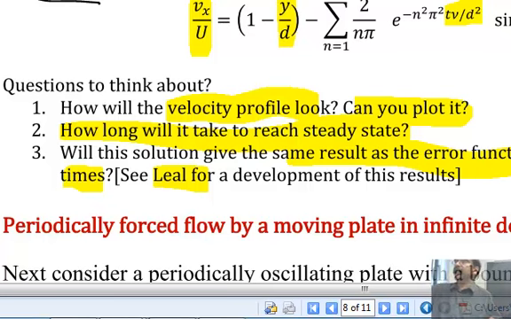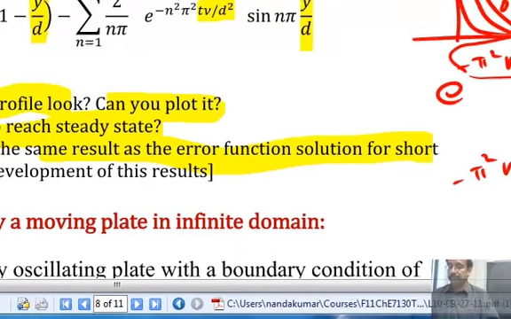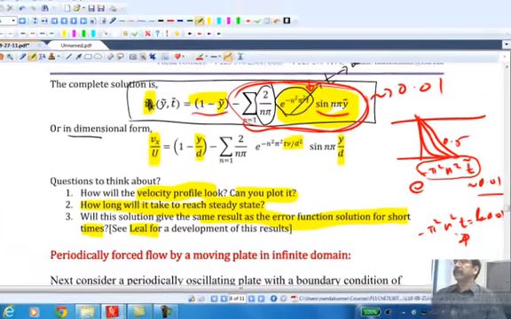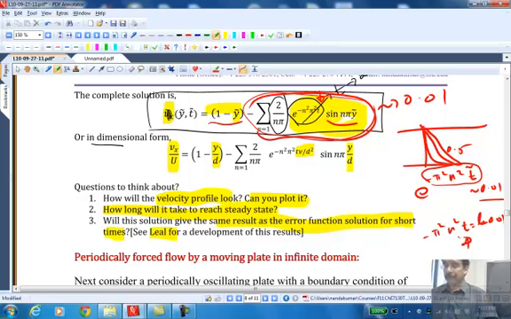So now the question is, what should be this argument so that the exponential of that function becomes 0.01? So that means take the log, for example. So you can write minus pi square n square t equals log of 0.01. Now solve for t. So that is the value of t for a chosen n equal to 1 or n equal to 2.